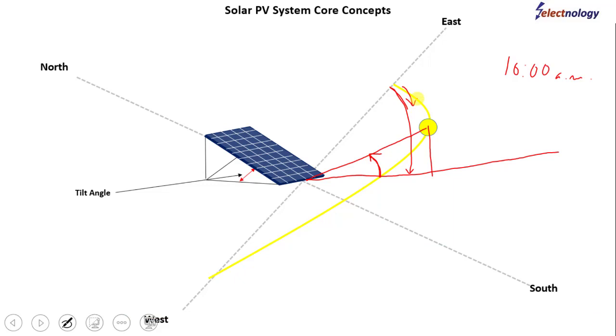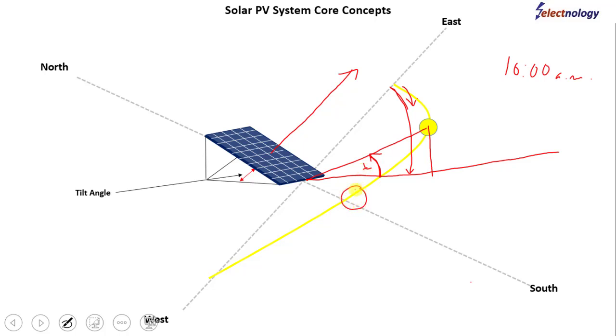Now at this point the sun is not able to send its maximum light over the solar panel because the solar panel is facing at this angle. As the sun rises, it will change its tilt angle, and its horizontal angle shall also be changing. At noon, the sun will be at this position.